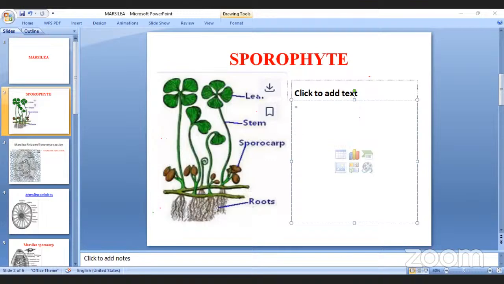You can see it in the diagram also. This is a longitudinal section, vertical longitudinal section. Right. So before that, you should learn one important thing about reproduction: the origin of the sporocarp.